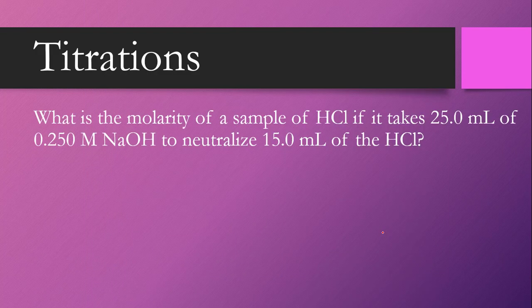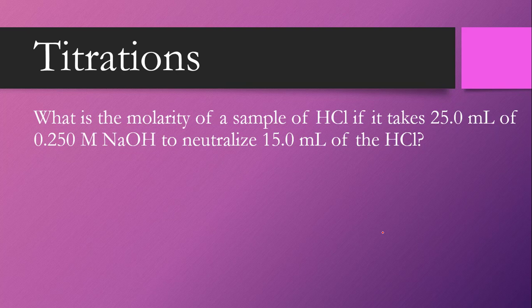So a typical titration problem would be something like this. If it takes 25 milliliters of a quarter molar solution of sodium hydroxide to neutralize 15 milliliters of hydrochloric acid, then what is the molarity of the hydrochloric acid?